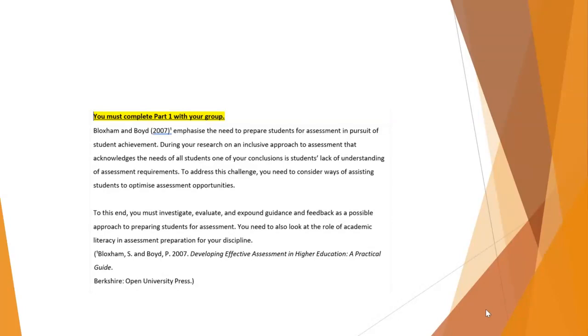So assessment, as we view it now, is so interesting, because now we're even using technology for assessment. You know, online platforms for invigilation, we're using gamification, we're using online quizzes. Now, all of that you're not going to get in 1995 if you're looking at definitions of assessment then. So even though Bloxham and Boyd, and this is 2007, is an old source and it's your prescribed material, you now need to read further beyond that, okay?